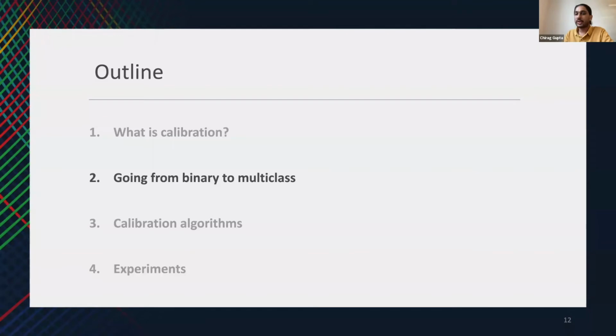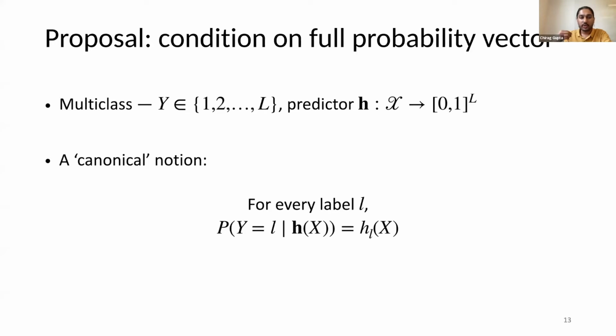Okay, so now we have a pretty good idea of how post-hoc binary calibration works and what a notion of calibration in binary is. And now the question is, can we leverage this extensive literature to solve multiclass calibration? And we immediately hit a bottleneck where we're not even sure what the right notion of multiclass calibration is.